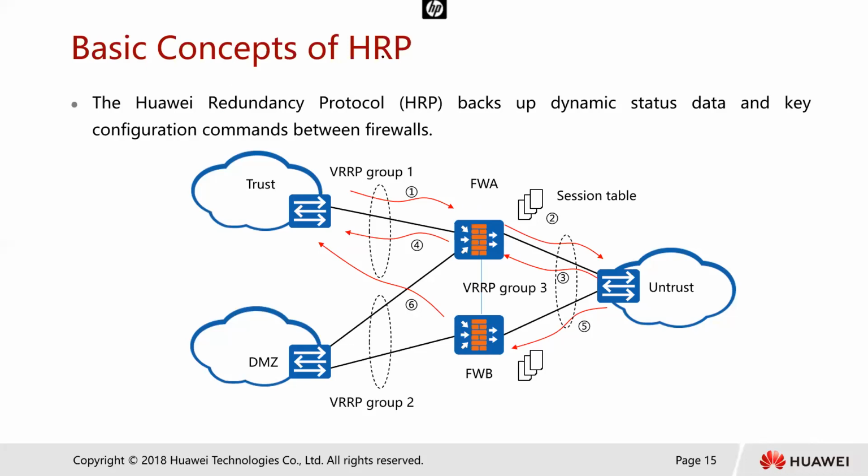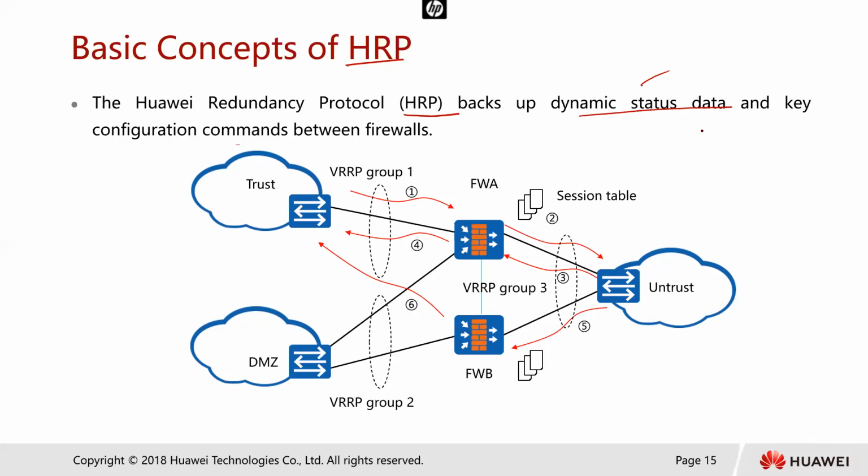So basic concepts of HRP. Huawei Redundancy Protocol, what we are calling the HRP, backs up dynamic status data and key configuration commands between firewalls. So Huawei came up with this protocol to make sure that dynamic status data, our sessions, and our key configuration commands between the firewalls are backed up across the firewalls within the different VRRP groups or the VGMP groups.